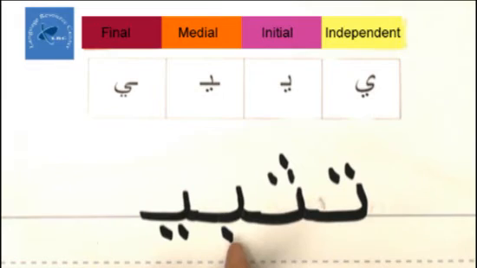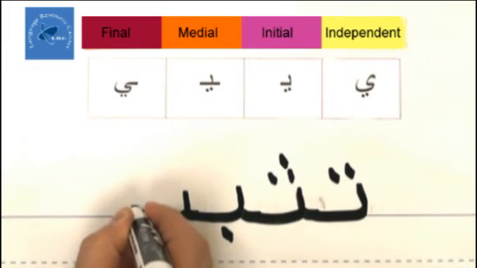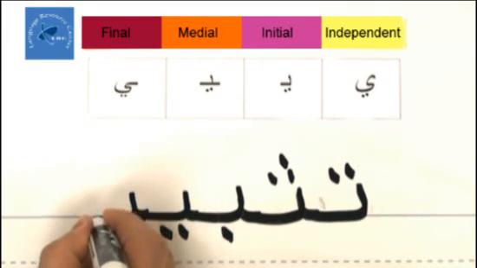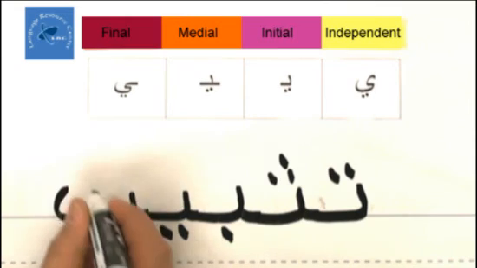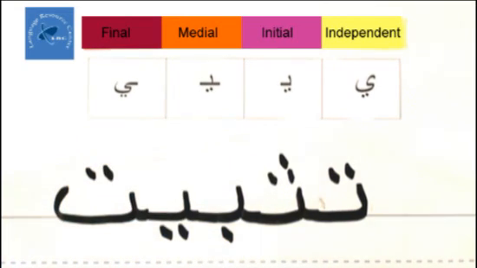Tef, beat. And the last sound is ta in its final position, the smiley face. Tooth, a line, tooth, and 2 dots for the ta. Tef, beat.